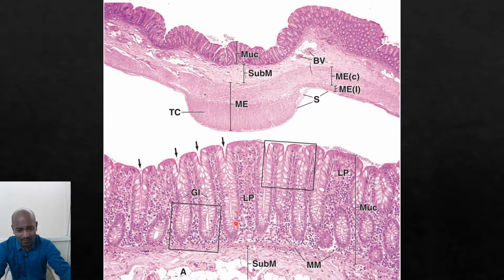Usually you will have abundant goblet cells, which are in proportion about 4:1 compared to the intestinal absorptive cells. There are enterocytes which are very similar to the small intestinal enterocytes, which are absorptive in nature.